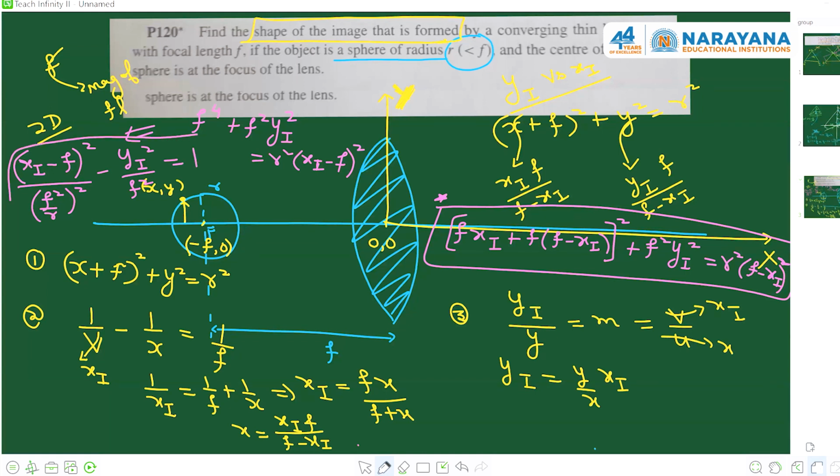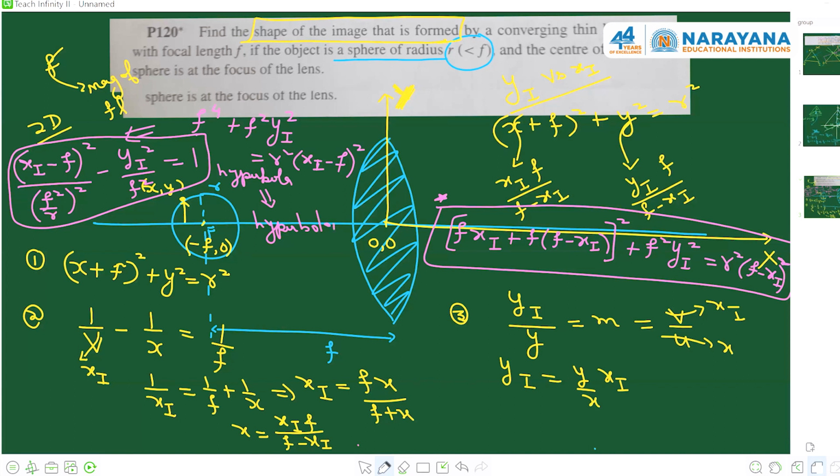Now this equation for me is a hyperbola, and obviously I'll depict this also. Once I justify that the image is going to lie on a hyperbola, finally I'll just say that the curve there is a hyperboloid.